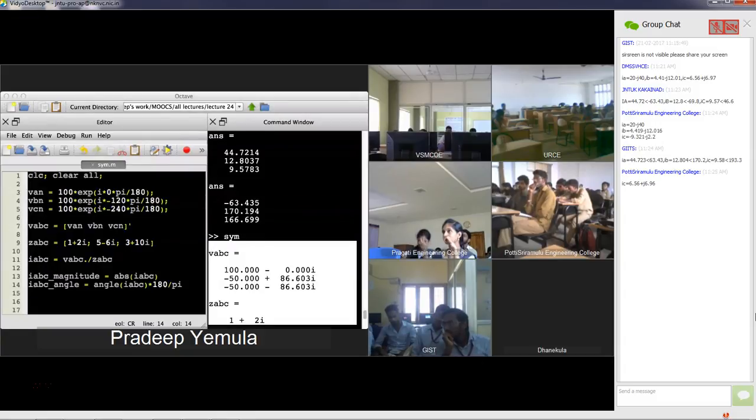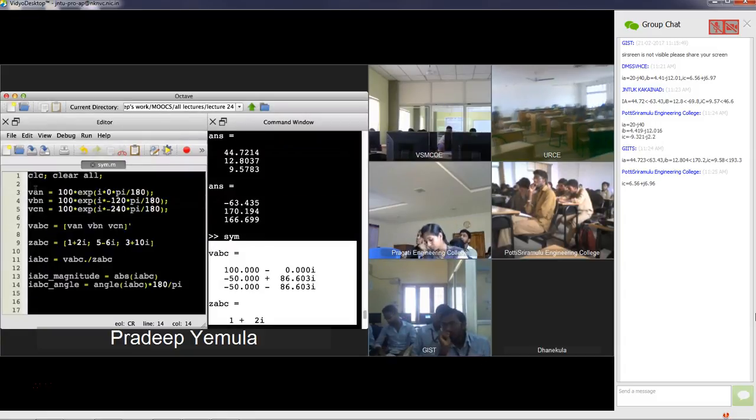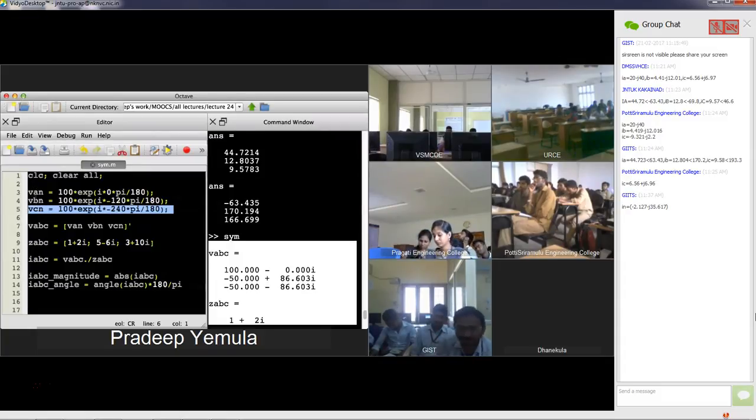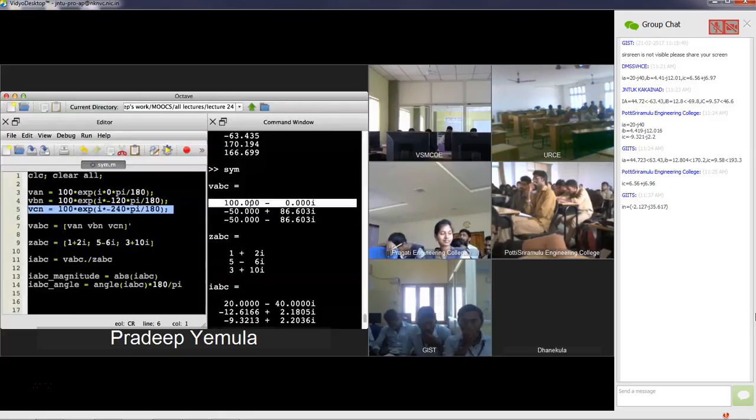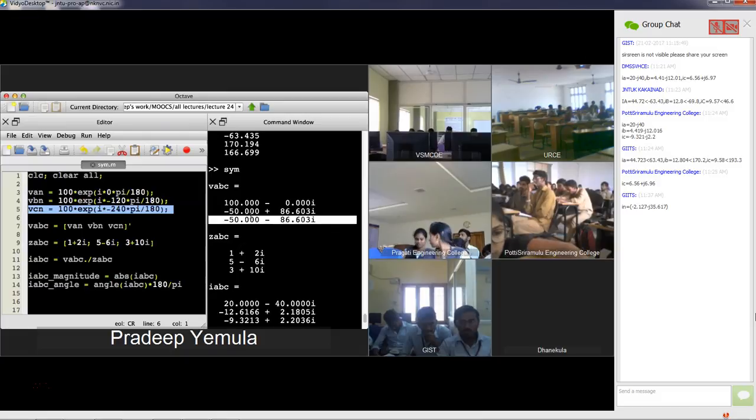Everything is self-explanatory there. I'm defining A voltage, B voltage and C voltage. In line numbers 3, 4 and 5, the voltages are defined and you know how to do this. Why you have to do pi by 180 is to convert the angle into radians. And that's what you can see on the right hand side, the voltages are coming.